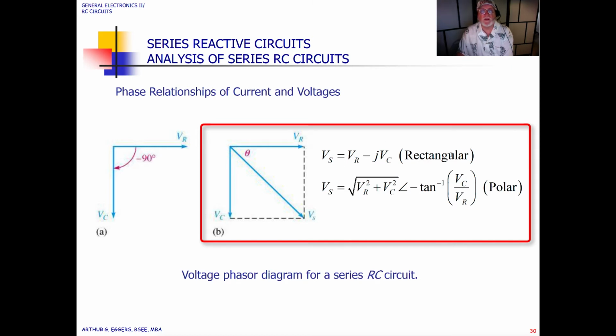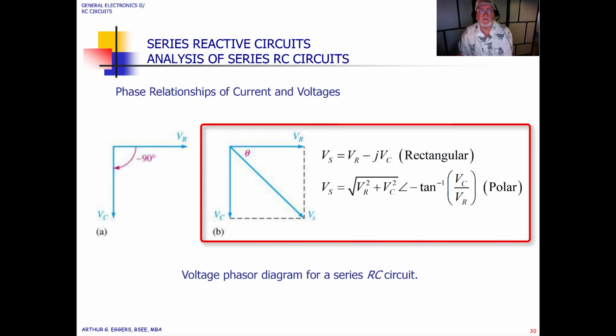Putting them together as voltage drops in phasor form, the source voltage is equal to the voltage across the resistor minus j times the voltage across the capacitor. So you can see we can't add them directly. We can only sum them vectorially.